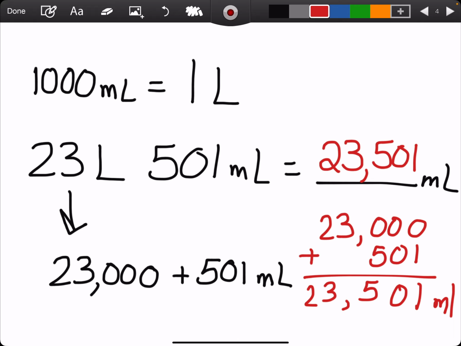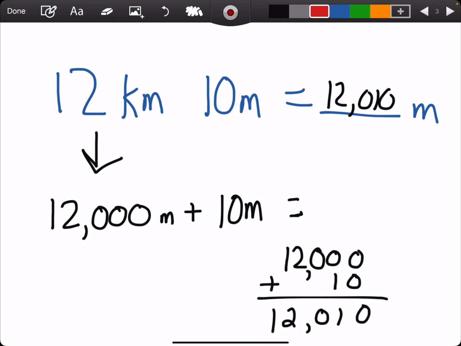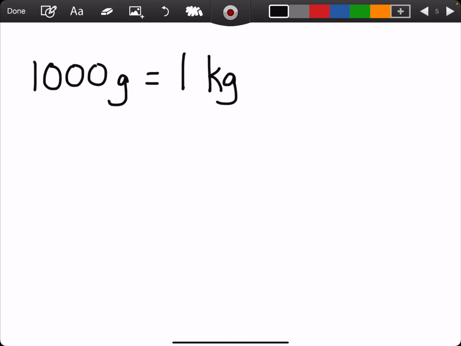And then we used another measurement. We did mass, we did length. We did kilometers and meters. I'm looking back, did we do grams? I think we did grams. We have 1,000 grams equals 1 kilogram. Once again, that magic number is 1,000 here.